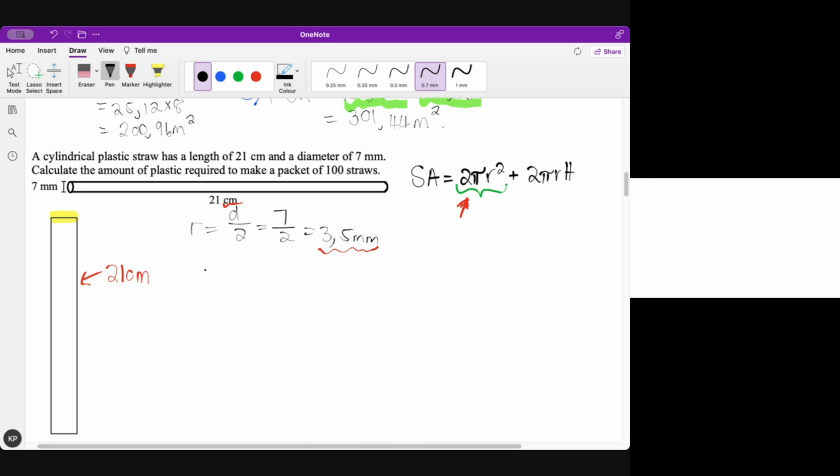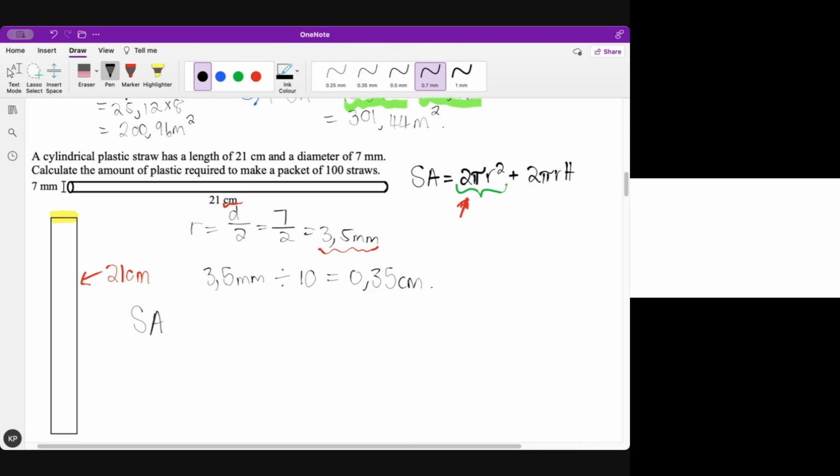So 3.5 millimeters, going to centimeters, divide by 10, and this is equal to 0.35 centimeters.